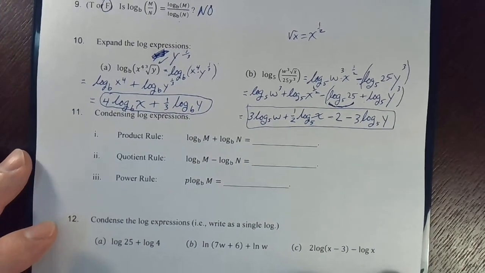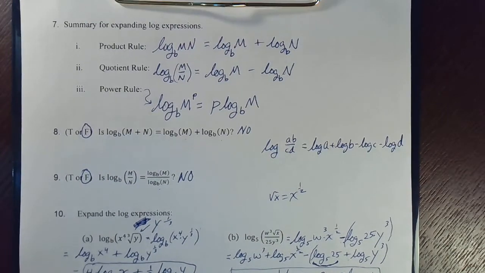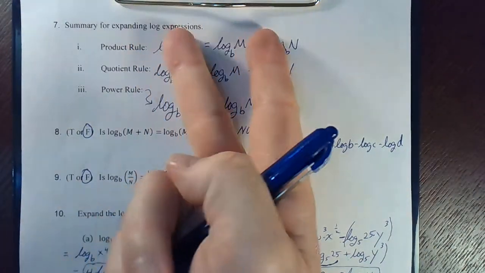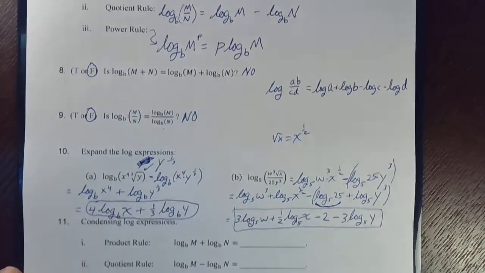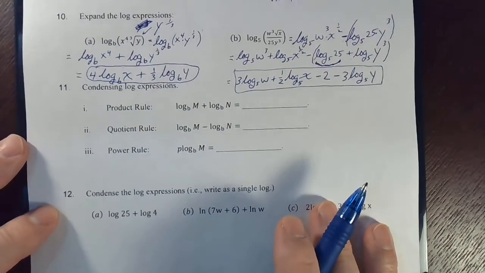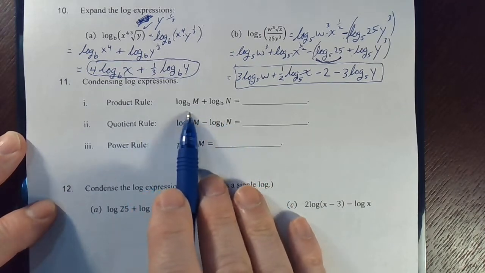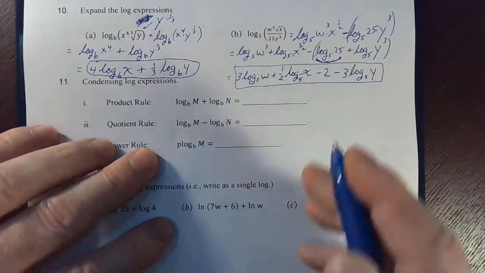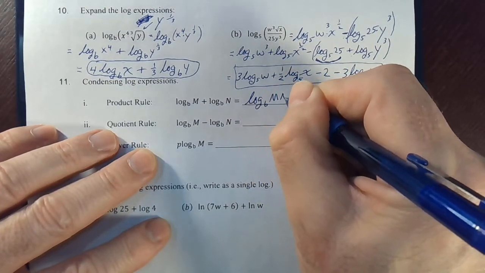Okay, so the summary for condensing log expressions is exactly the same as this, only the left-hand sides become the right-hand sides and the right-hand sides become the left-hand sides. So when we start with this expanded log expression, two logs, and they're the same base, we combine them into log base B of mn.